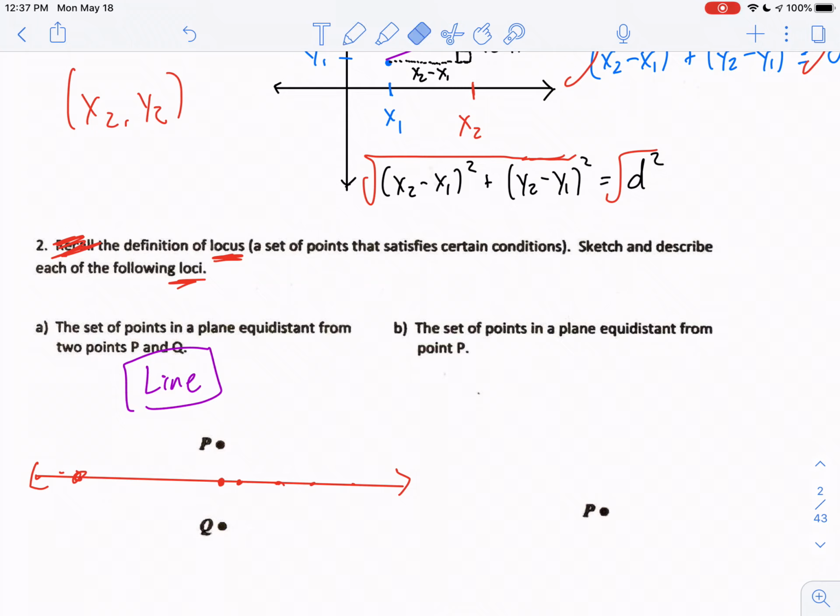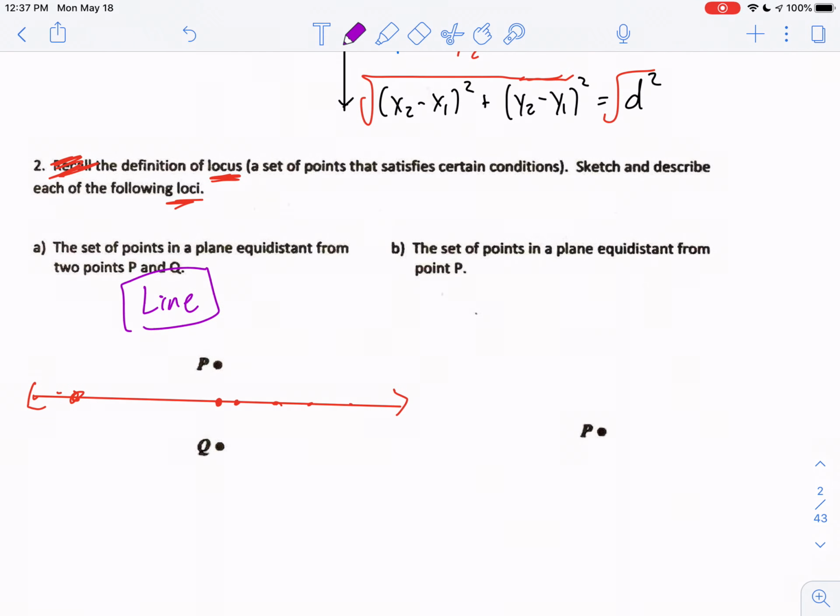Now the set of points in a plane equidistant from point P. So we just have one point. Where are all the points that are equal distance from point P? Let's say this point here. Now what if I just swing that point around, like we're swinging it? In actuality, what this is, is what we call a circle.